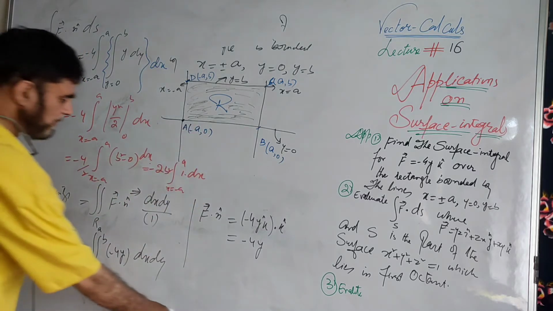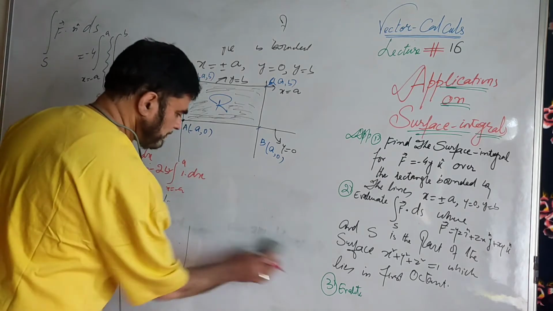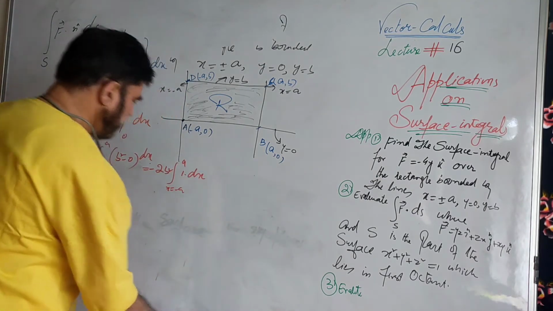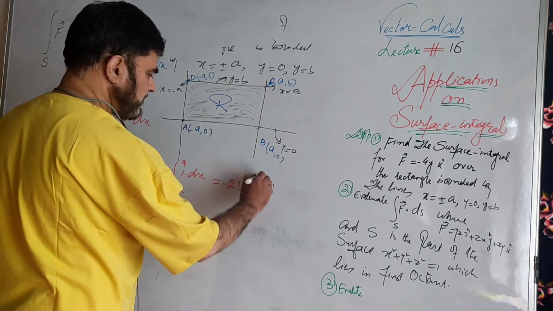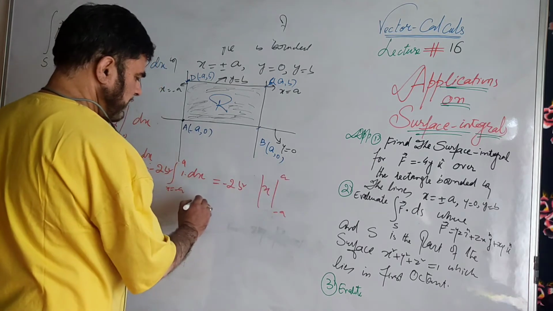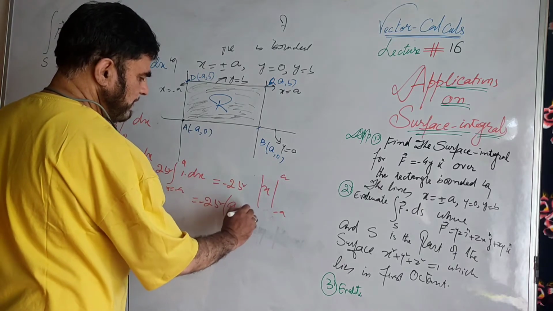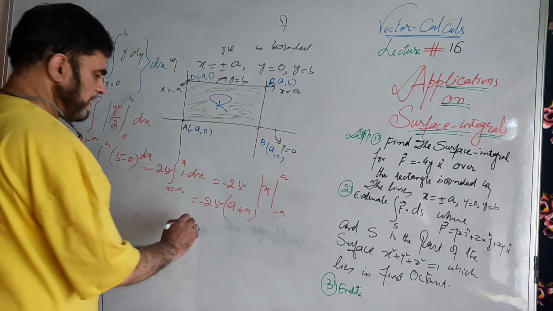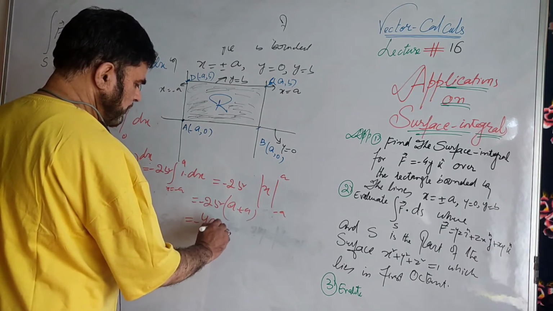When you integrate this with respect to x, it is x. So minus 2b square times x from minus a to a. Upper limit minus lower limit becomes a plus a. This gives minus 4ab square.